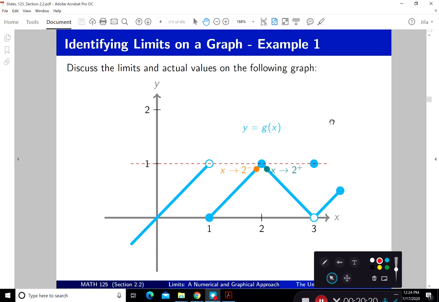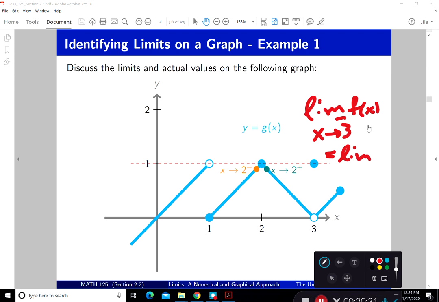So the limit as x approaches 3 of the function: both predictions from the left and right are saying that the value is supposed to be 0, but that is not equal to the function value, because the function value at 3 is equal to 1.